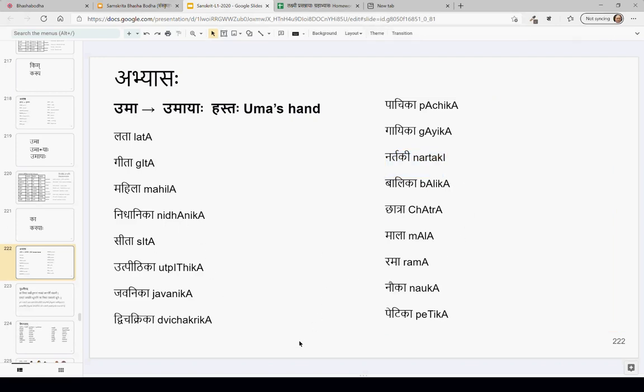What is the Shashti Vibhakti form of nartaki? Nartakyaha. Because we saw Sakhi, Putri, Putryaha, Matamahyaha, like that only. So this is Nartakyaha.